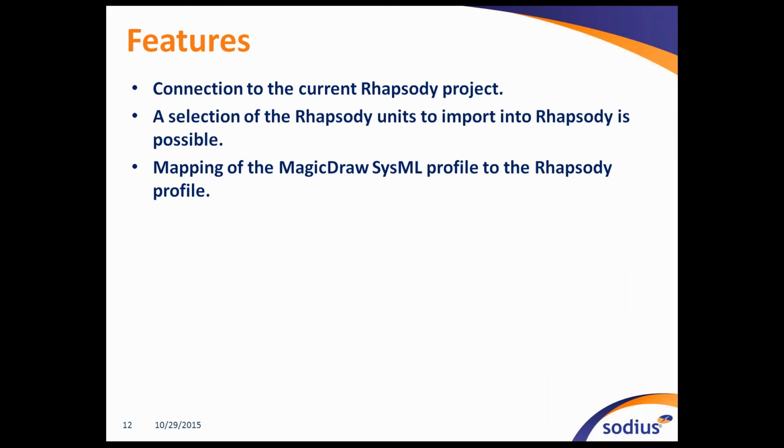So the main features are that we can connect to the current Rhapsody projects. We can also do a selection of the Rhapsody unit to import to Rhapsody. And also the mapping of the MagicDraw XML profile to the Rhapsody profile is done.